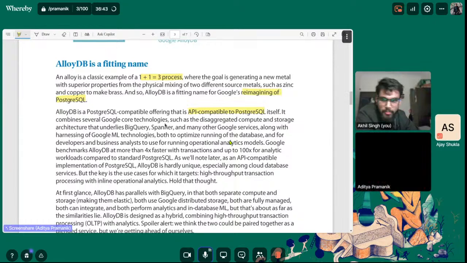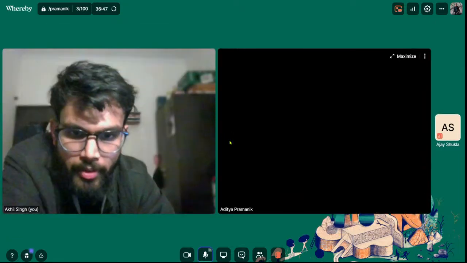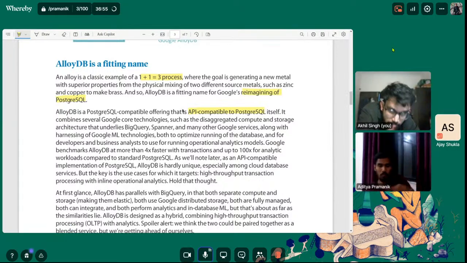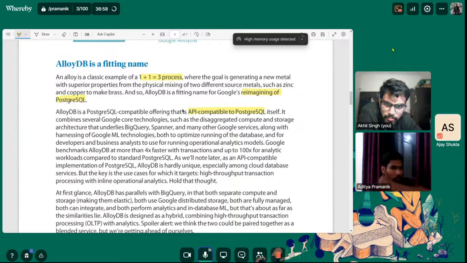So this new AlloyDB is basically about API compatibility integrated with PostgreSQL. That is the main logic of building this AlloyDB. It combines the core technologies and integrates PostgreSQL with the API.